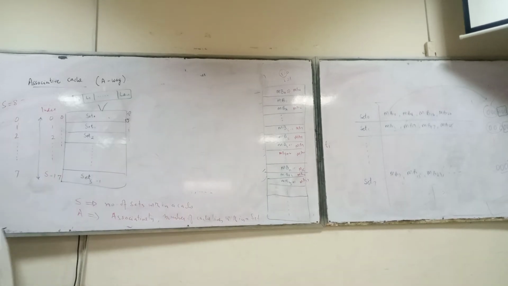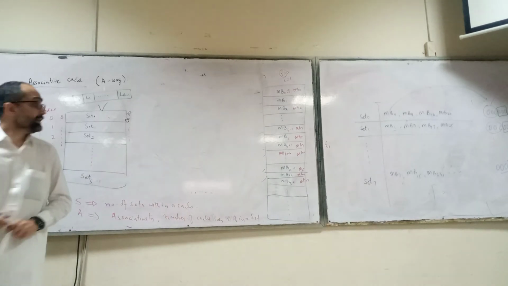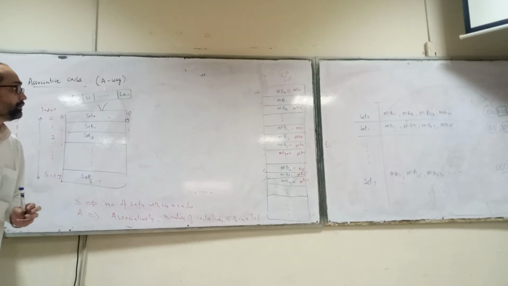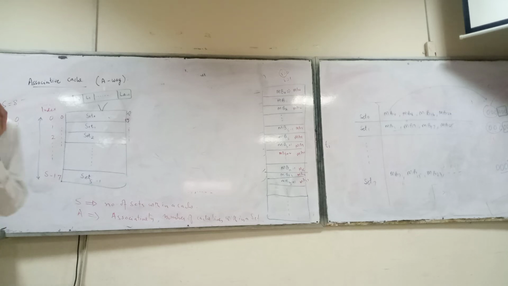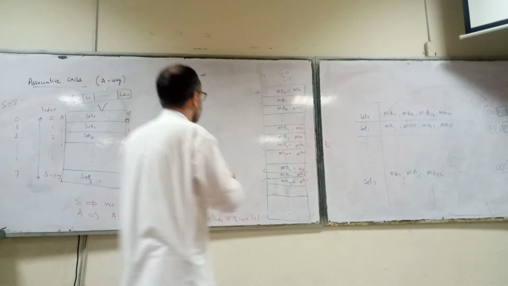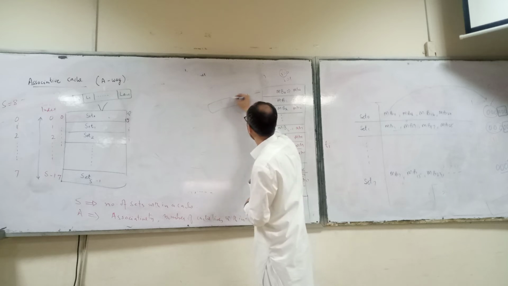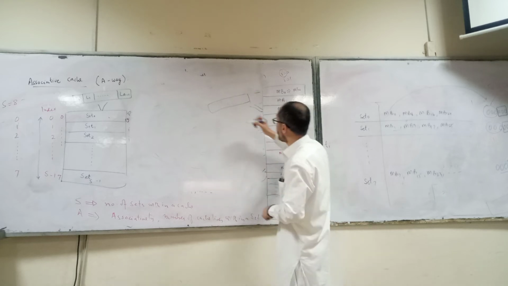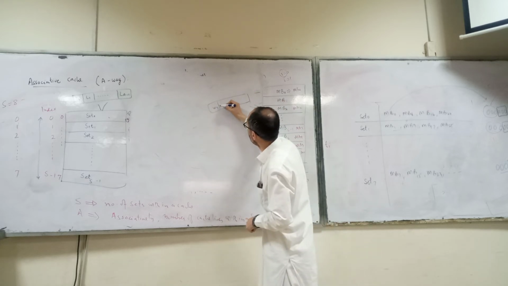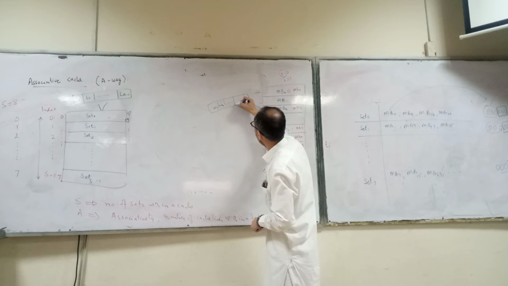Now, let's assume that the microprocessor wants to access word 7, word 6, up to word 0.